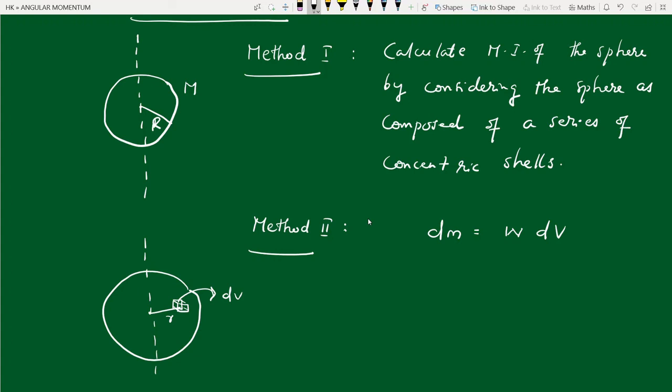So you have to calculate the mass per unit volume, and for this you can use the idea that it's a uniform sphere. Mass is uniformly distributed. And what is the elemental volume here? You can use spherical polar coordinates. The elemental volume at a distance r from the origin is r square sine theta dr d theta d phi.